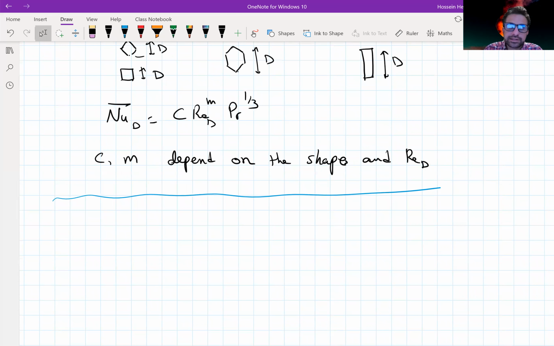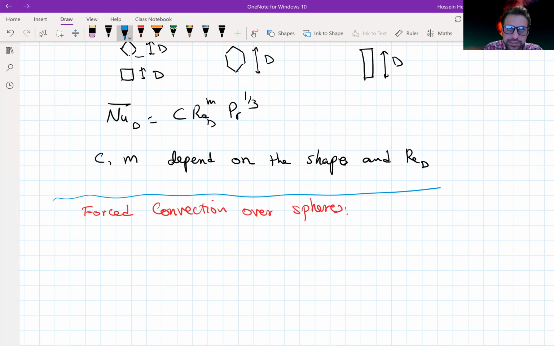Similar to the cylinder, we can have forced convection over spheres.